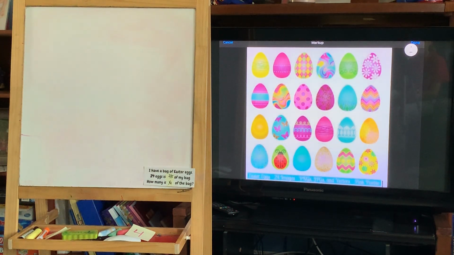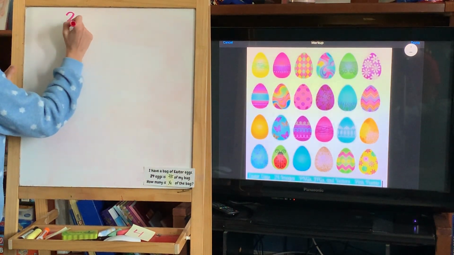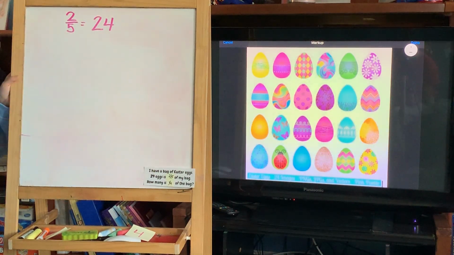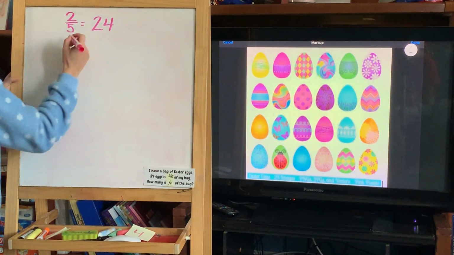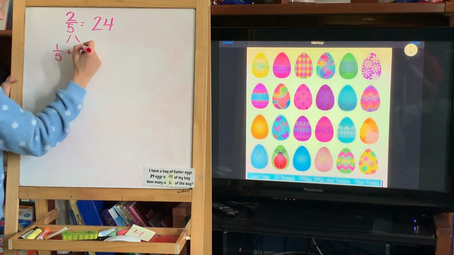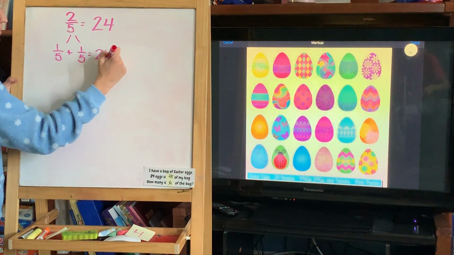Okay, so first of all, I don't even know how many eggs I have in my bag. So I'm going to use what we have up here to figure that out. If I know that 2/5 equals 24, I'm going to try and figure out what 1/5 is. So if I break this apart, 1/5 plus 1/5 equals 24.